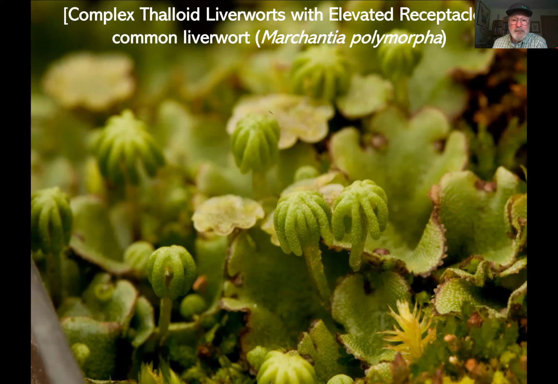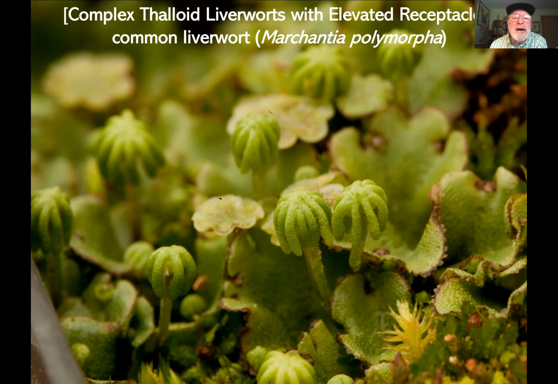In this liverwort, both the sperm-producing antheridia, and the egg-producing archegonia, and later the sporophytes, are produced on elevated structures. And you can see here that there are two different types of elevated structures. The ones that are merely scalloped, and I wish I could point with this PowerPoint thing, but the ability to do that just seems to have disappeared.